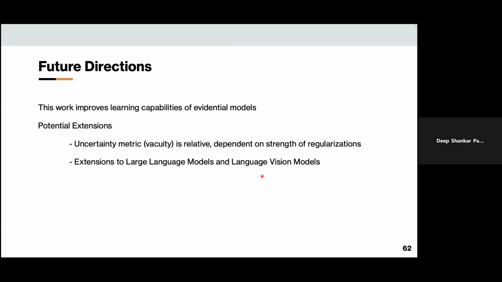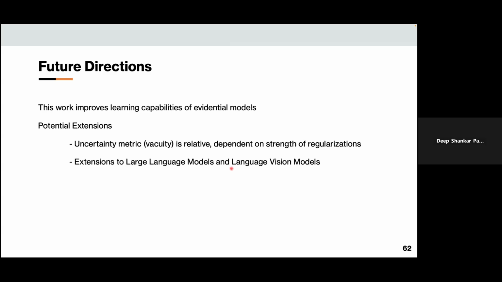If we could extend the evidential framework to these models such that the models can express whether they are outputting with confidence, and if they are wrong, then basically say like I'm just guessing the answer, or I don't know this answer, then that could be quite useful. So one extension of this work could be extension to the large language models and language vision models, and this is something we are actively pursuing in our lab.